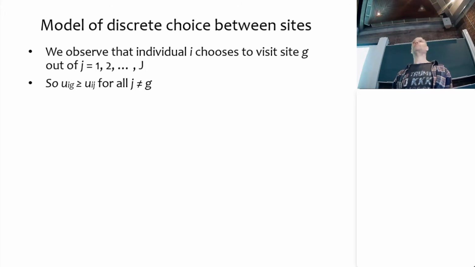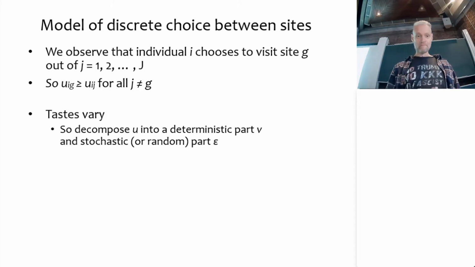So what you can deduce from that, if I observe Jurgis going to Preston Park, is that Jurgis on that day preferred to go to Preston Park rather than to Stanmer Park, right? That is the information that I have. So the utility for Jurgis on that day of being in Preston Park outweighed the utility of going to Stanmer Park. That is the only thing I know, right? Assuming that he's a smart guy, which is a fair assumption, right? So that is what we know. That is what we assume, that people behave rationally, right?